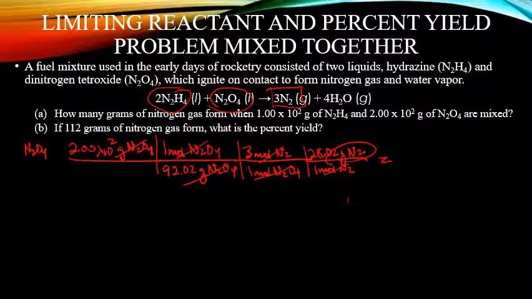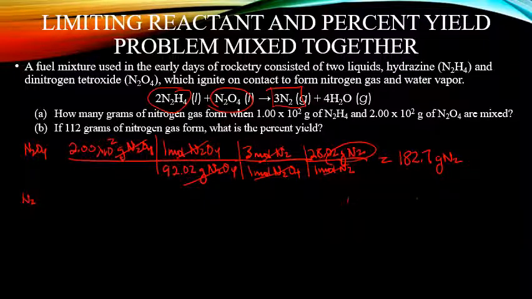That should give us 182.7 for my grams of N2. I do realize we only need 3 significant figures, but I want to wait to do my final rounding just in case the other amount is really close.